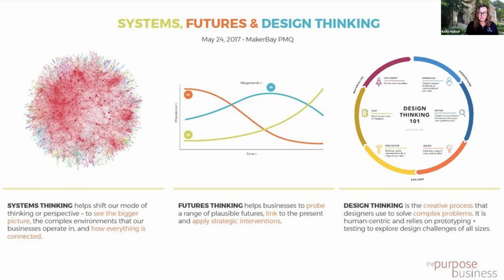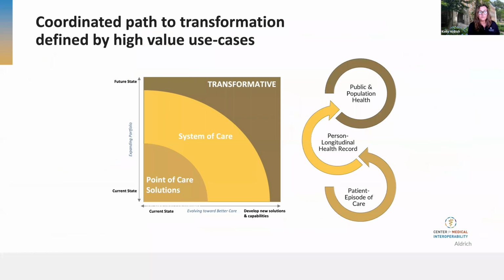Well, the ideal state of a certain problem or something you're looking for a solution for. Maybe there's been a death, maybe there's been an impact to quality or safety, and you want to do a design session to actually address that. I find that there are specific definitions for systems, futures, and design thinking, but I personally find myself in the informatics world blending a lot of these.